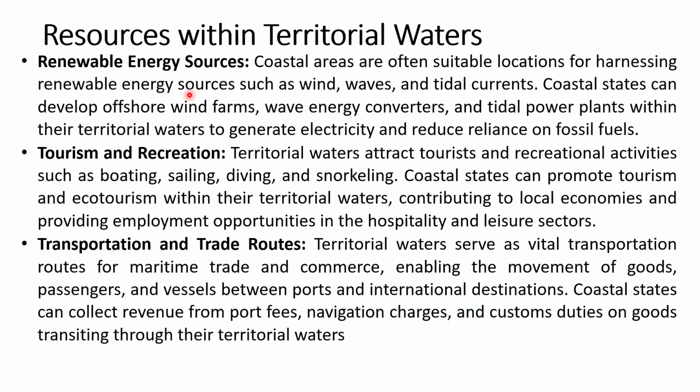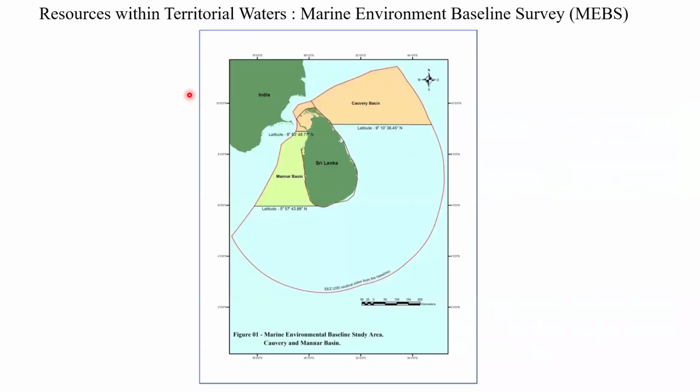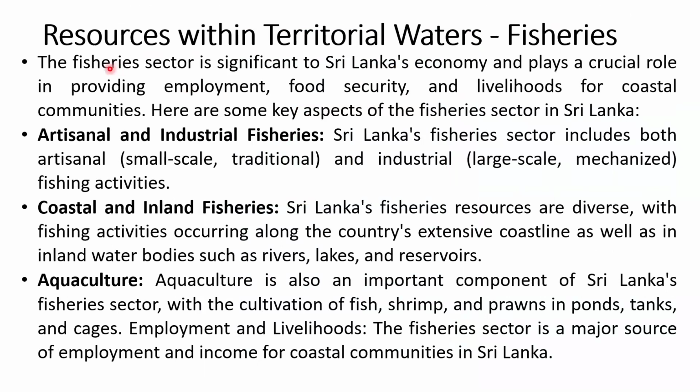Here, the first one is fisheries. When you consider fisheries, the fishery sector includes both artisanal, which means small scale traditional fishing, and industrial large scale mechanized fishing activities.